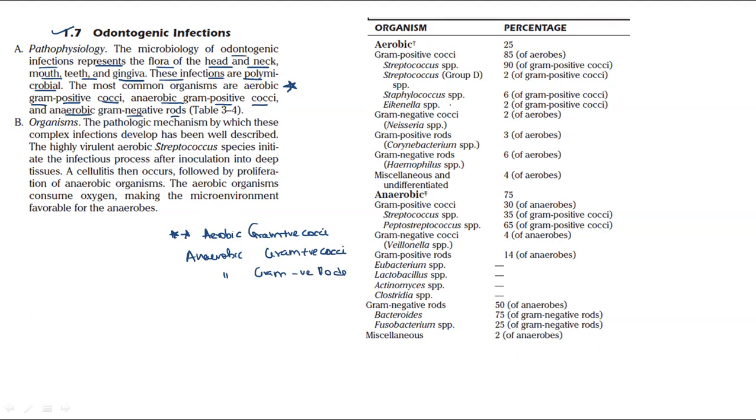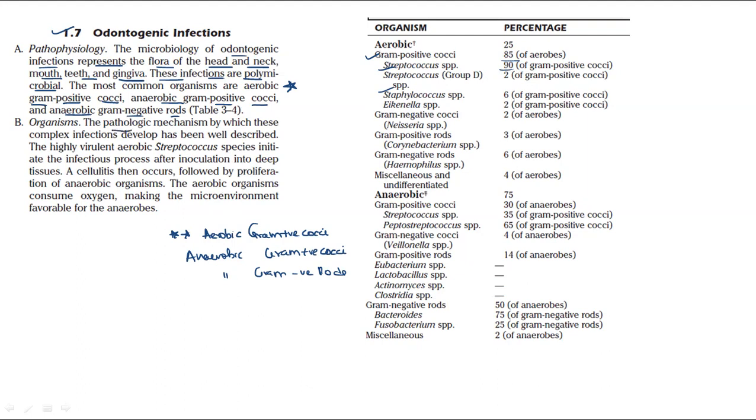Okay, so here you can see these are the microorganisms causing odontogenic infections. Aerobic gram-positive cocci, 85 percent streptococcus species, 90 percent of gram-positive cocci, followed by staphylococcus. So this is how the chart is. First aerobic gram-positive cocci, followed by anaerobic gram-positive cocci, followed by gram-negative rods.